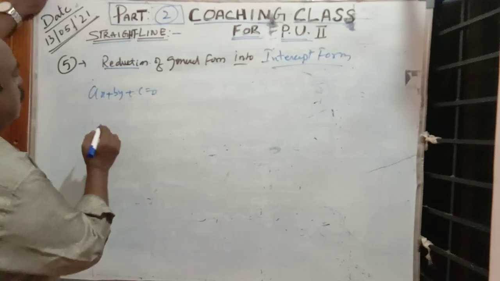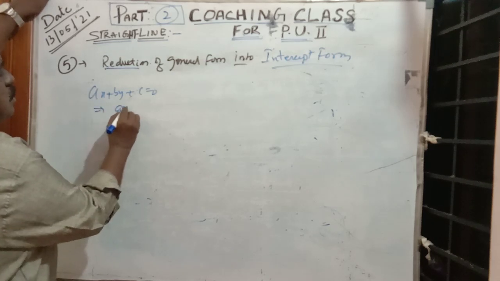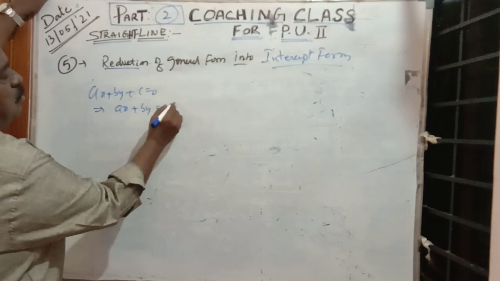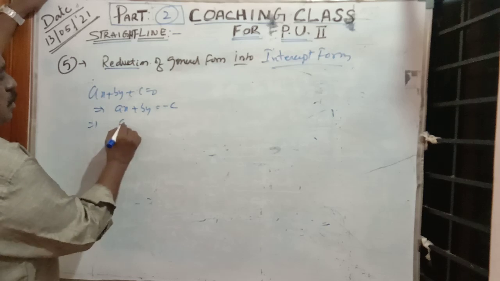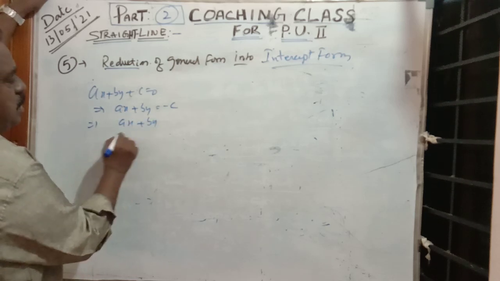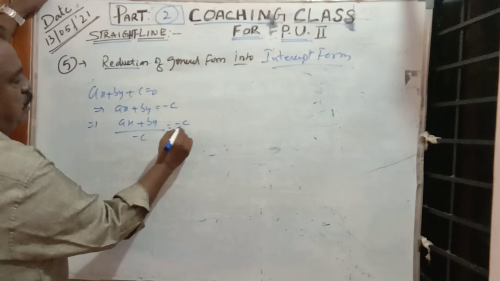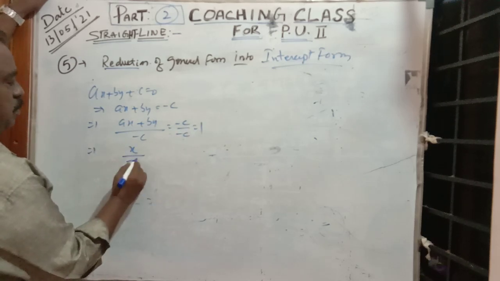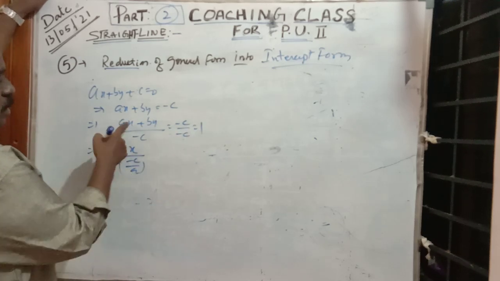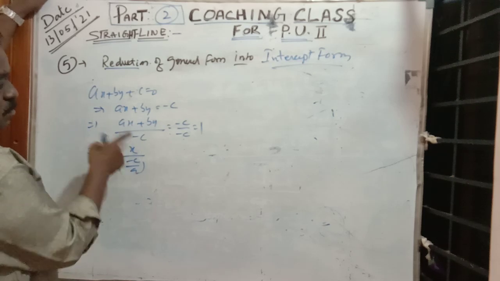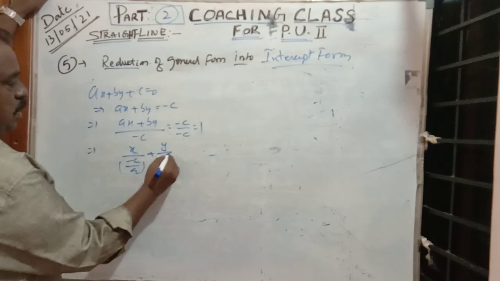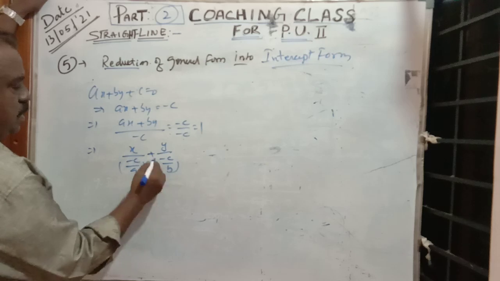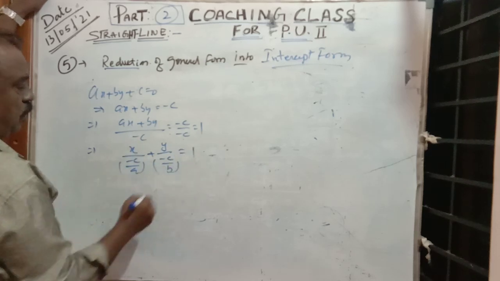It can be written as ax plus by is equal to minus c. Dividing by minus c, we get x by minus c by a plus y by minus c by b is equal to 1.